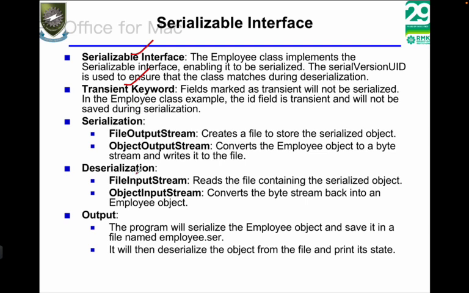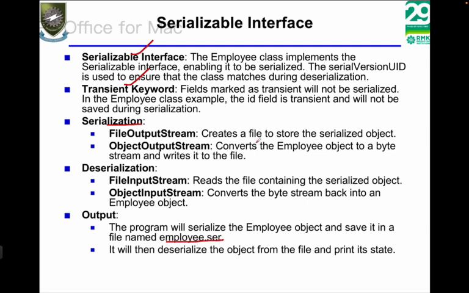Fine. And there are four classes being used for serialization and deserialization. When you talk about serialization, FileOutputStream and ObjectOutputStream are the two classes present in the byte streams. FileOutputStream creates a file to store the serializable object, and the file will be created with an extension of .ser, for example.